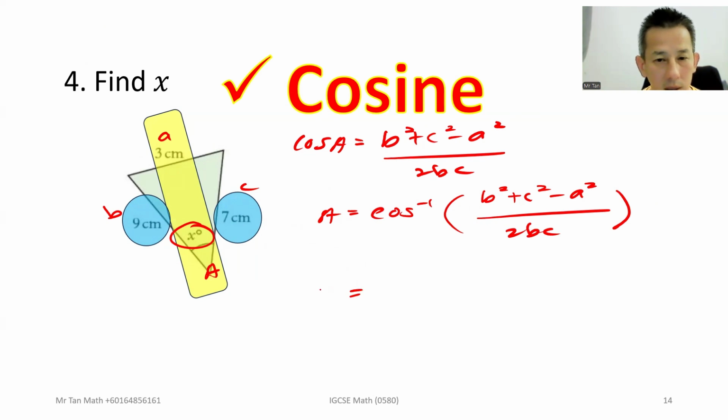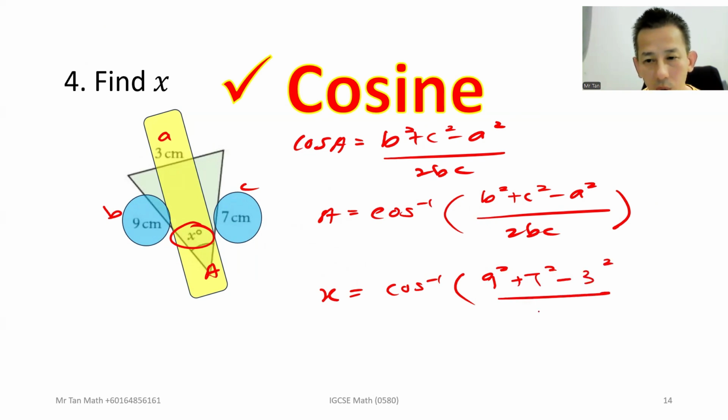So your X is equal to cos inverse of 9 squared plus 7 squared minus 3 squared over 2 times 9 times 7. Big bracket here.